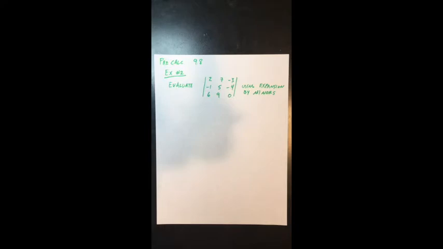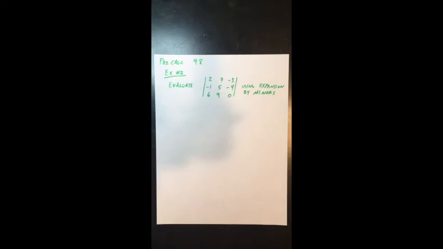One of the things that's important to think about with expansion by minors is that we can choose any row and any column that we want to expand by. So there's a couple ways you could go about choosing. You could look for numbers that are all relatively small, or you could look for a row or a column that has a 0 in it to save yourself a little bit of time. I think actually that's what I'm going to do.